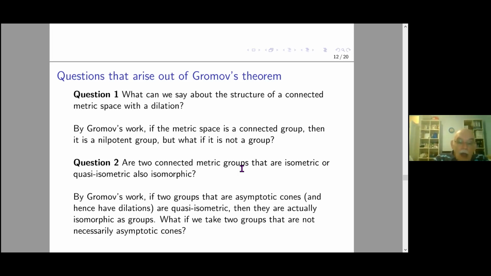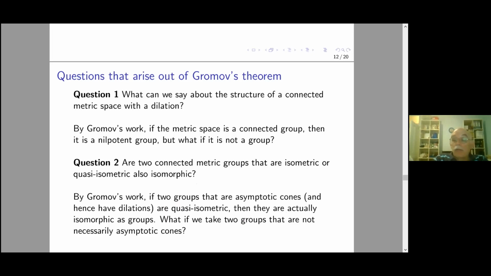This question gets asked because of Gromov's work. If we get two groups that are asymptotic cones, and therefore they have dilations, and if these are quasi-isometric, then they're actually isomorphic. But what if we take two groups that are not asymptotic cones?